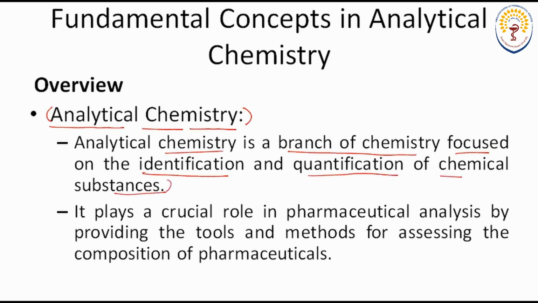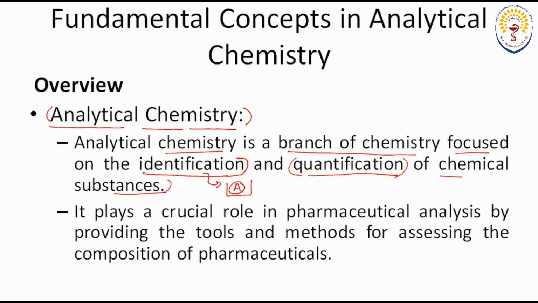It means that in analytical chemistry, we are either identifying something or we are quantifying something. Identifying something means that in a sample, if we need to check whether the substance A is present or not, we are identifying A. We are identifying whether A is present in the sample or not. This is known as identification.